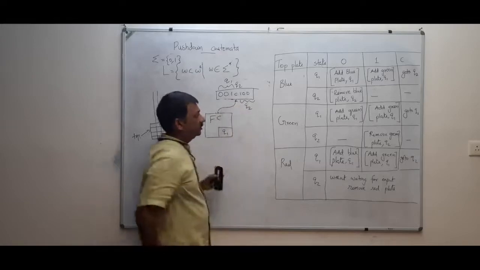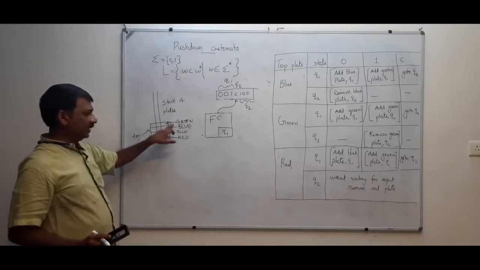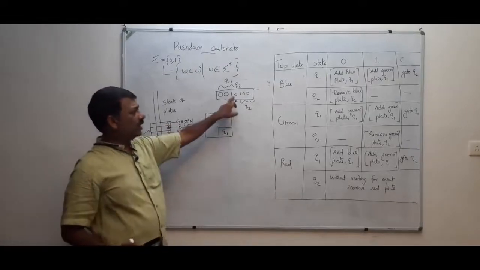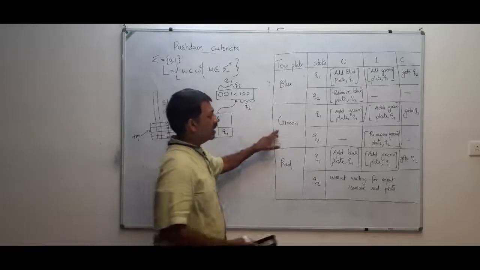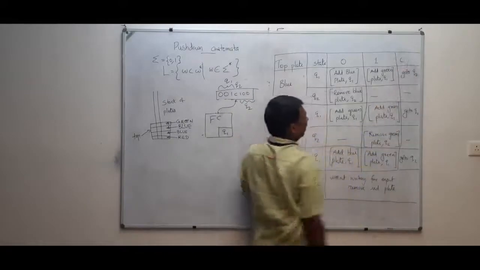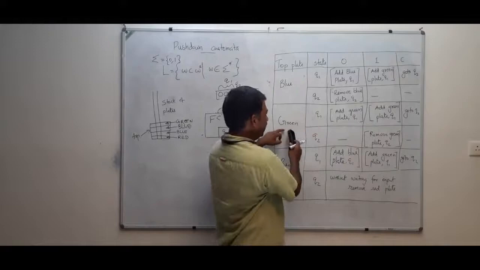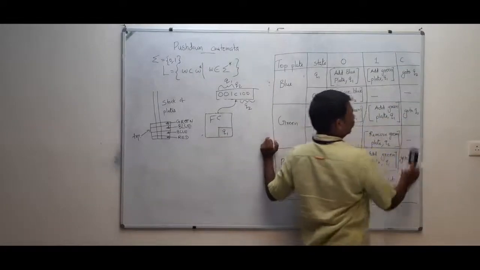What will happen? If now the current top is having green and current state is Q1 and you are reading C, that means green Q1 and C, what will happen? Go to state Q2.